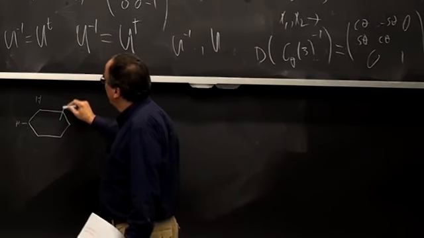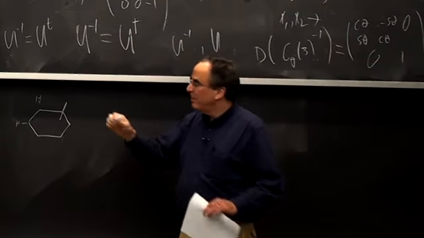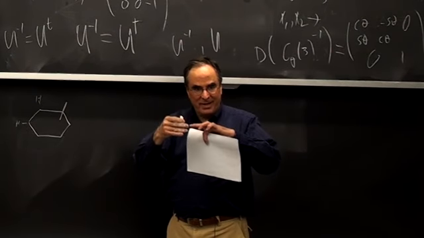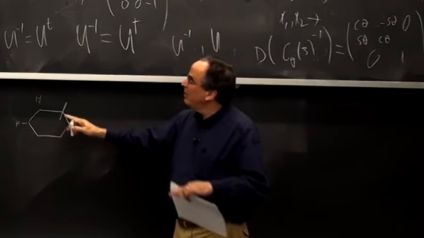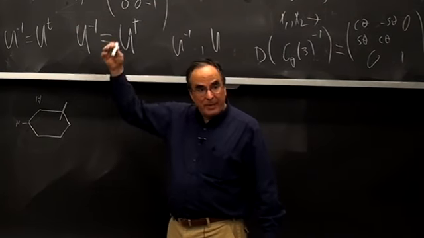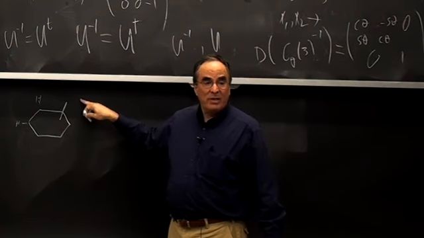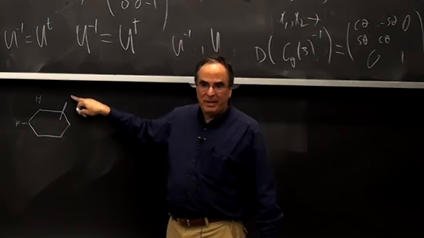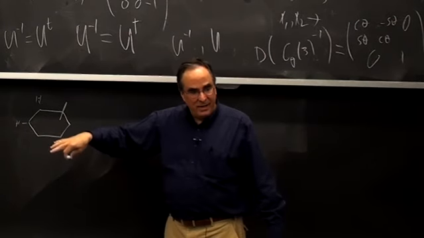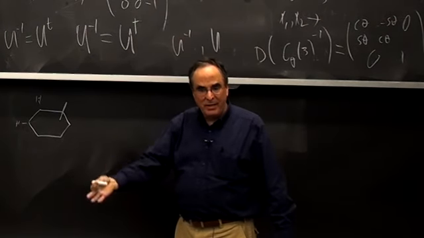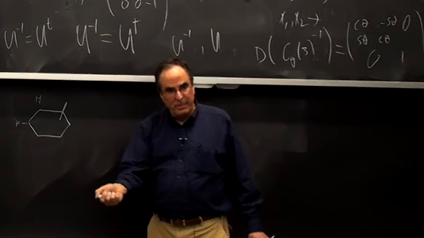Or I'm going to look at motions of the carbon atom perpendicular to the plane, and there's 6 of them. Or I can look at the motions of the hydrogen atom perpendicular to the plane. Or bending. Anything you want, and it doesn't have to be linearly independent.